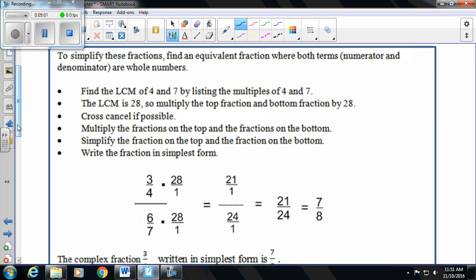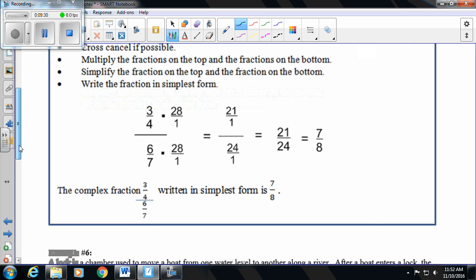And if you can't find the least common multiple, any multiple that they both go into works. If you couldn't figure out that it was 28, but you figured out that it was 56, you could use 56. You just have to do a little more simplification at the end. Then we're going to cross cancel if possible. Then we'll multiply the fractions on the numerator and the denominator. Then we'll simplify into simplest form.